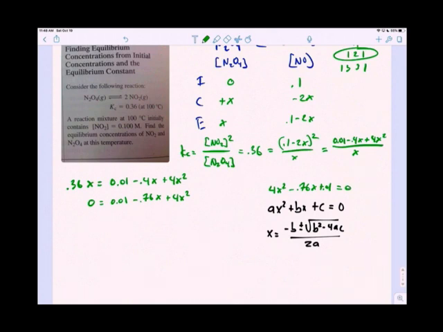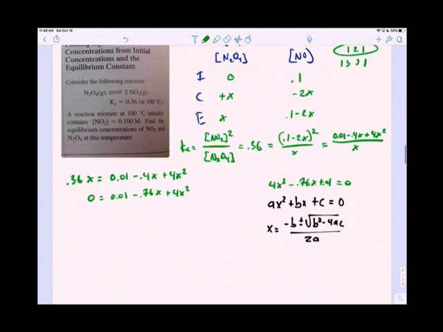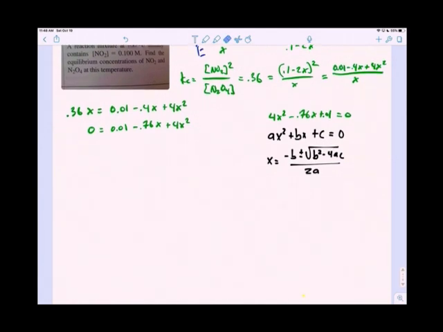So that is, and I've written it above, that is, you can apply then maybe your favorite equation, the quadratic equation. So that means x equals negative b, so 0.76, plus or minus the square root of b squared, so negative 0.76 squared, minus 4 times a, which is 4, c, which is 0.01, all over 2 times 4.